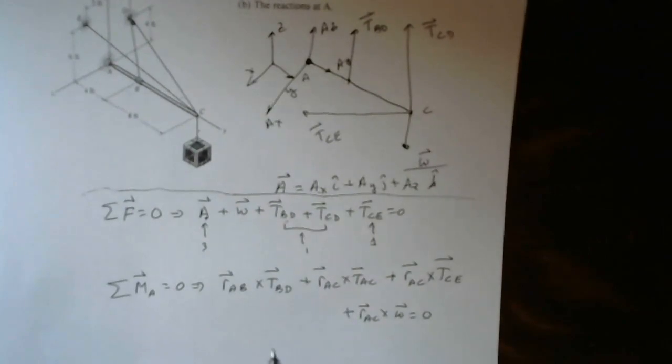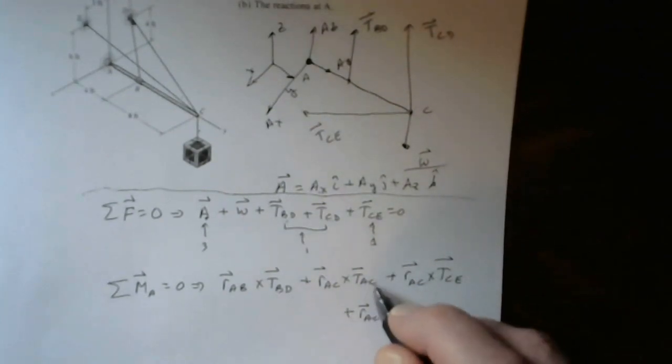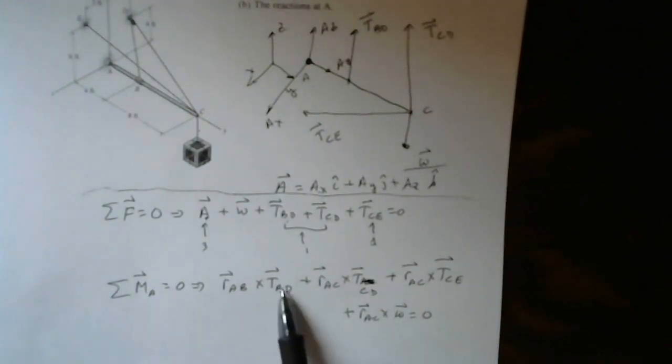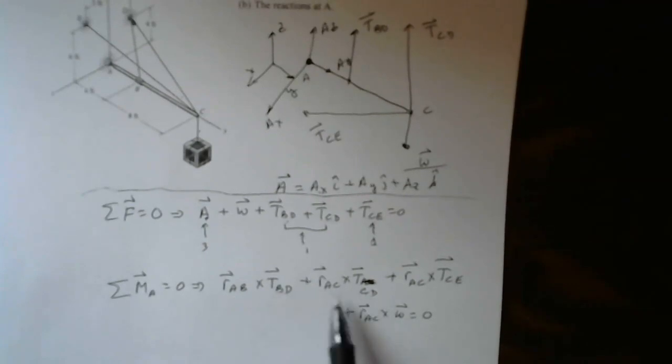All right, so again, I look at this. There's an unknown here, TBD. This should be RAC cross TCD. Sorry, this should be CD. TBD, TCD, again, the magnitude of these two. The magnitude of TBD, magnitude of TCD is TBCD, if I want to call it that. That's one unknown right there.